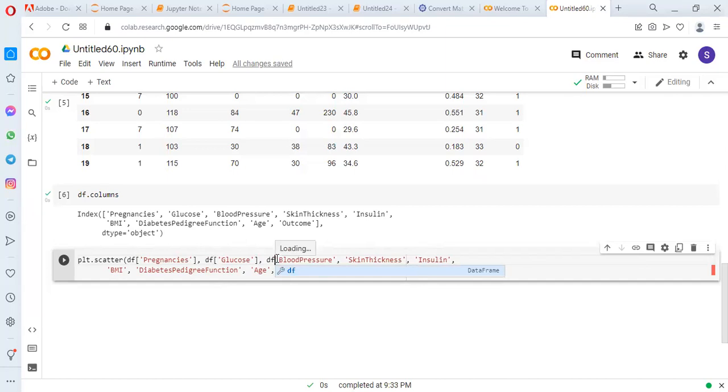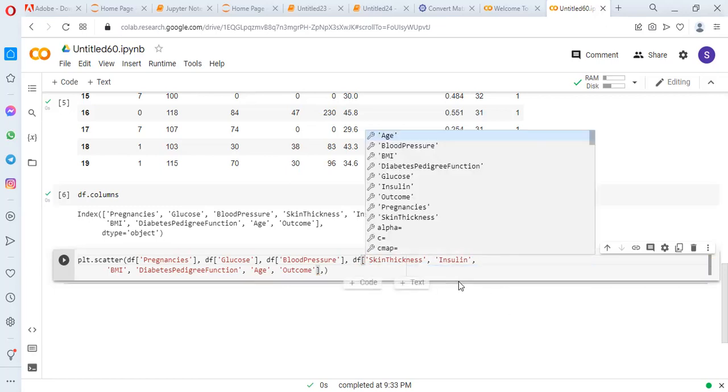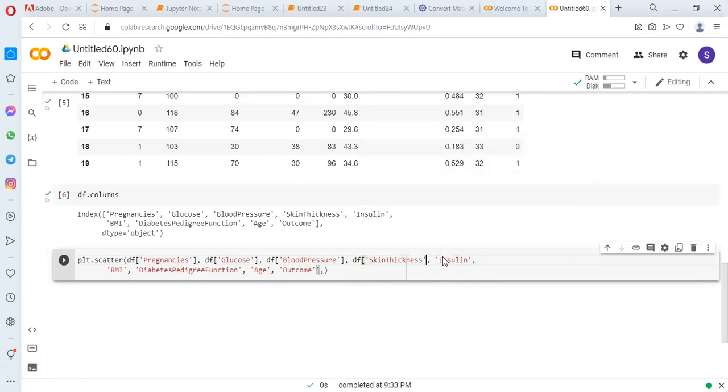So df, I have to make a bracket to write df over here. My square bracket starts and ends.